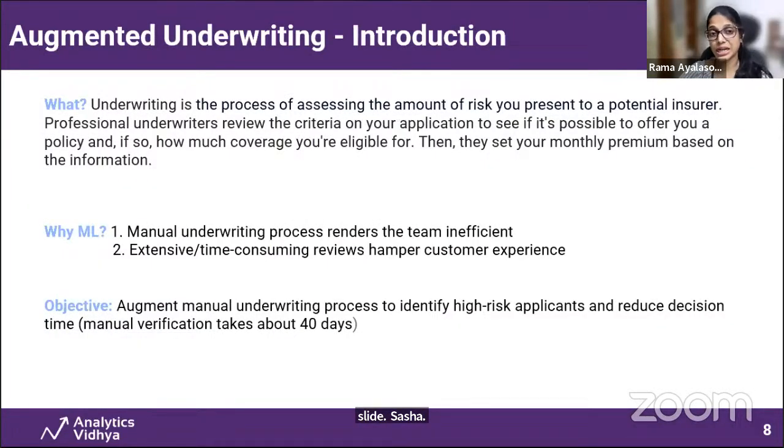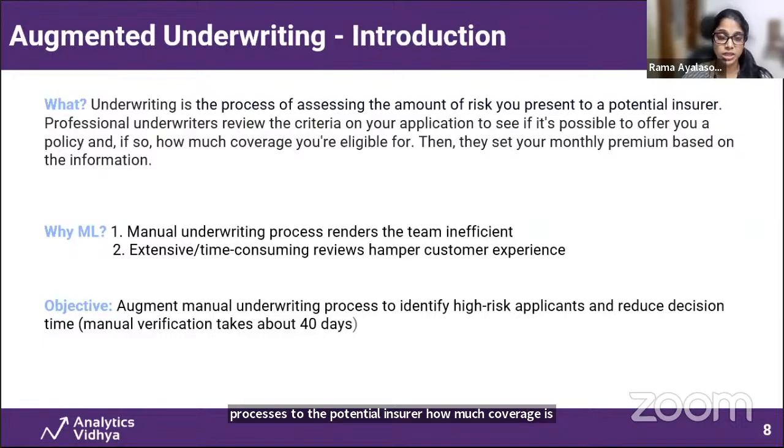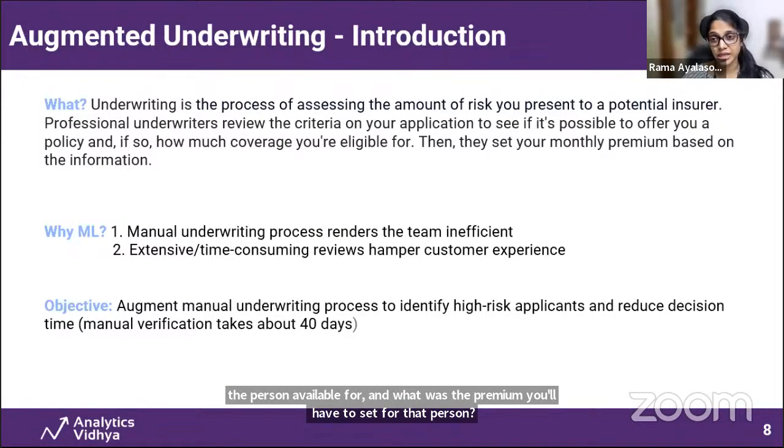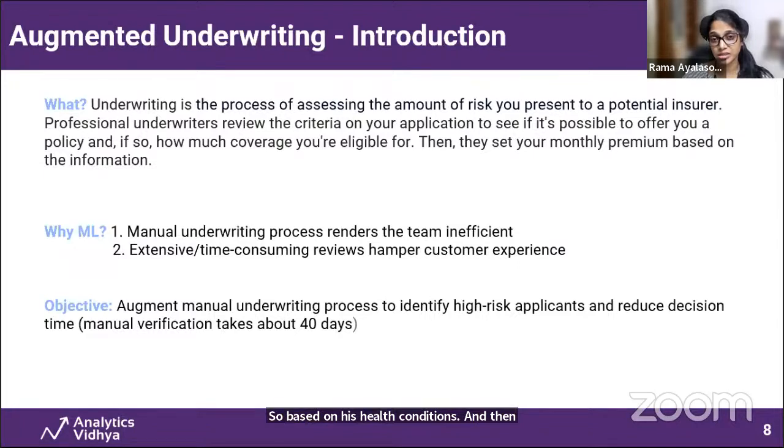Yeah, so underwriting is basically the process of assessing the amount of risk an applicant poses to the potential insurer. Risk here means how much coverage is a person eligible for, and what is the premium you'll have to set for that person. Based on his health conditions, his age and other factors, professional underwriters review the application data and come up with a risk score for a person.